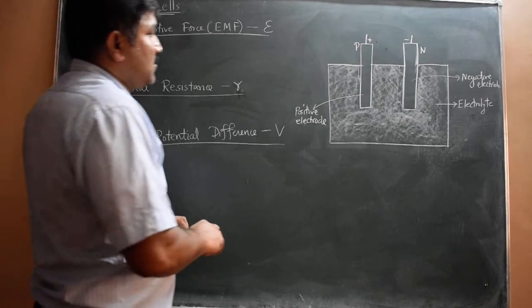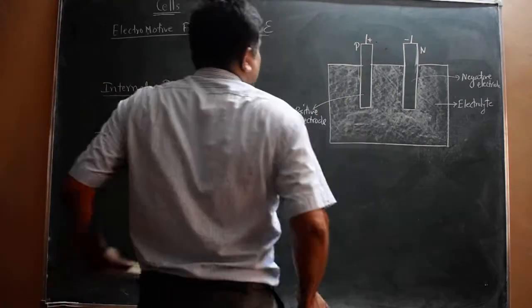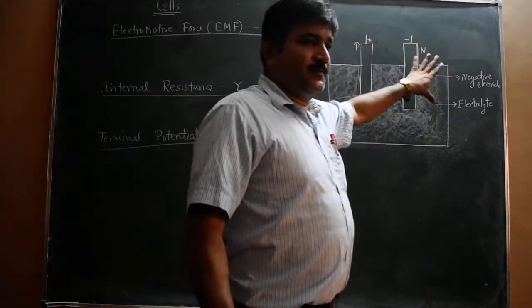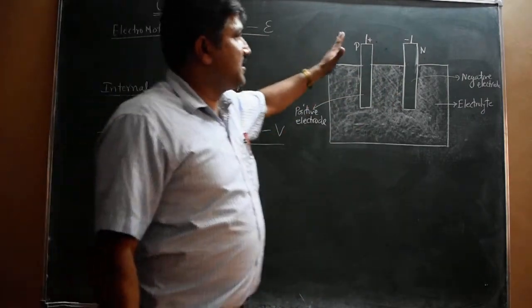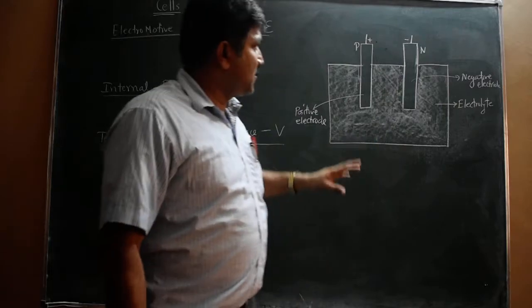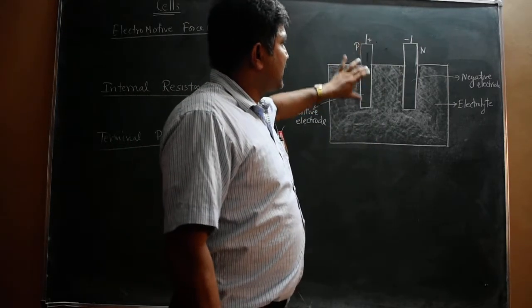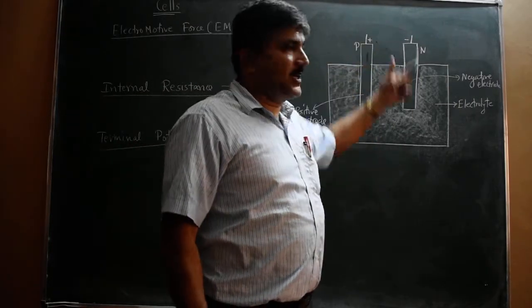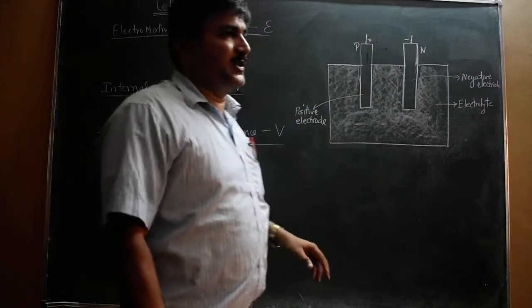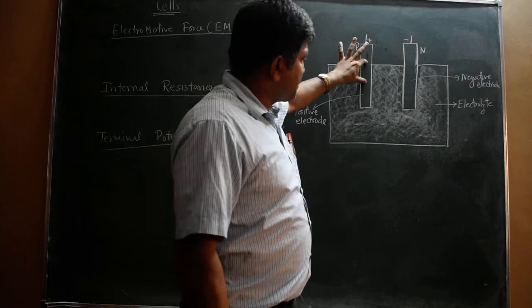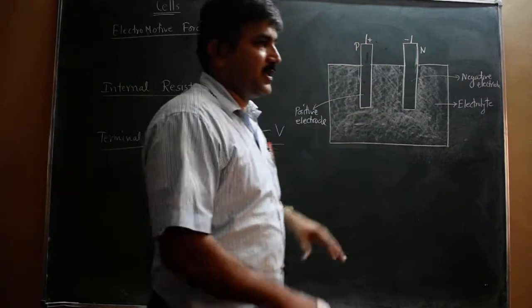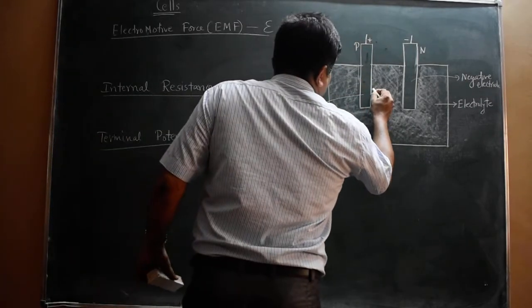Now, whenever the electrodes are dipped in electrolyte or electrolytic solution, the electrodes exchange charges. So the positive electrode will have positive ions on it and the negative electrode will have negative ions on it. Hence, there will be a potential difference between the positive electrode and the immediate surrounding point in the electrolyte.